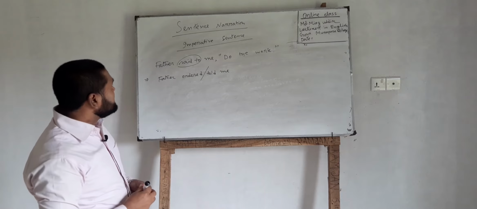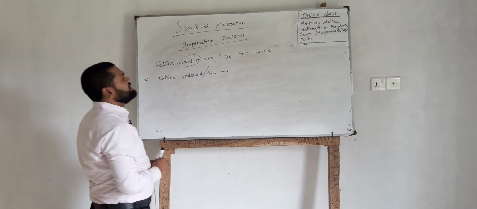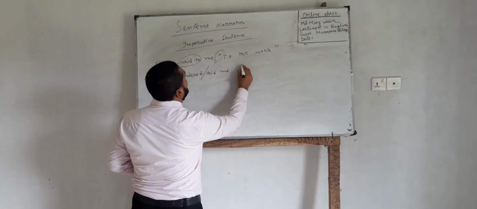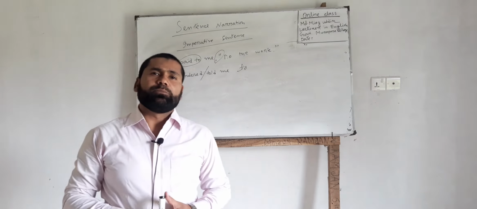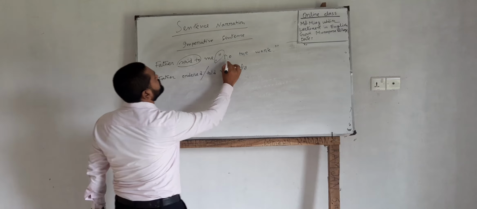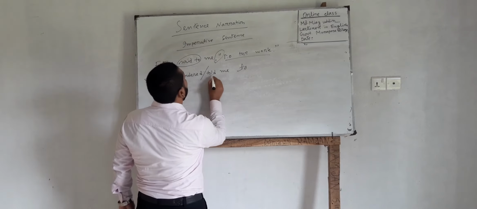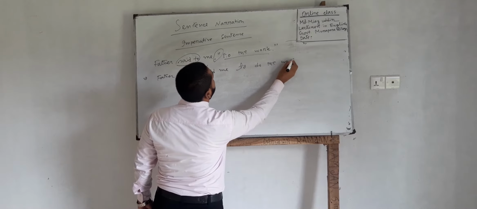In the imperative sentence, we use the conjunction to instead of comma and inverted comma. After to, there is no change in the verb or the tense of the reported speech. Do the work: Father ordered me to do the work.